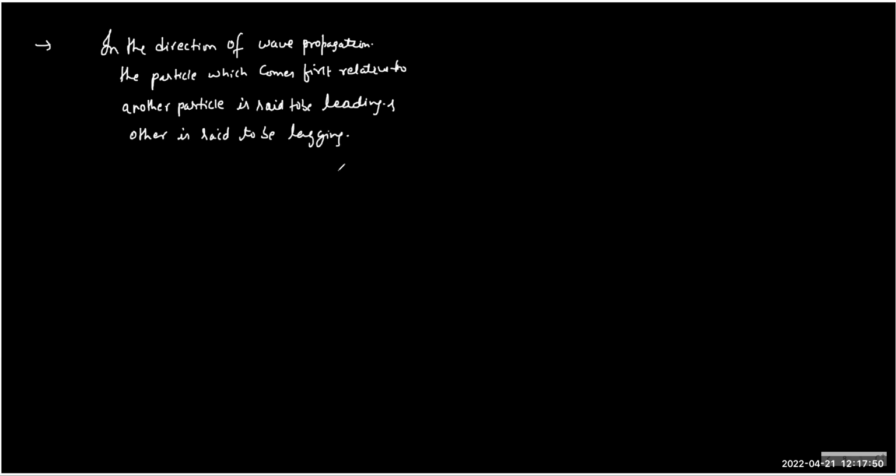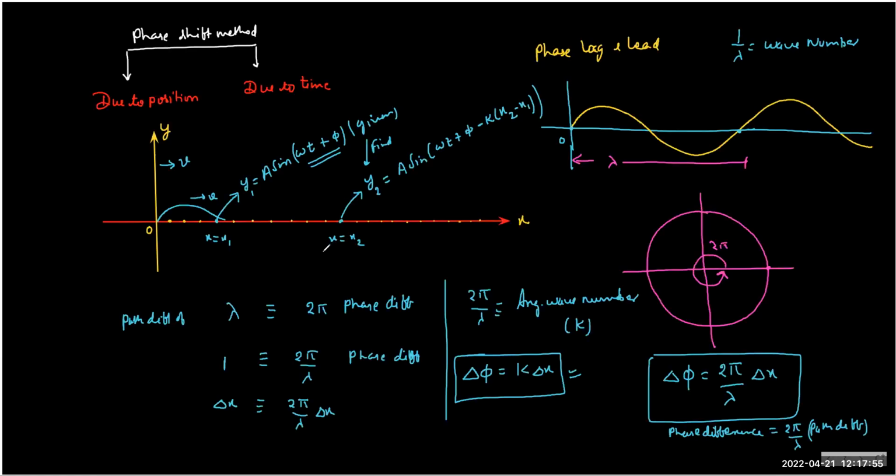Okay. So you can see that we have made the shift. You know the location of two particles x1 and x2, and the moment I give you the equation of the first particle, it's very easy for you to write the equation of the second particle.